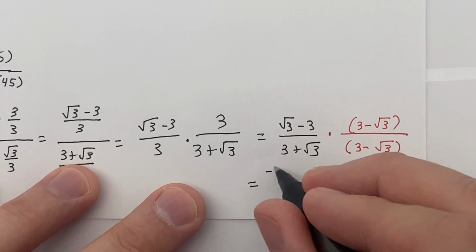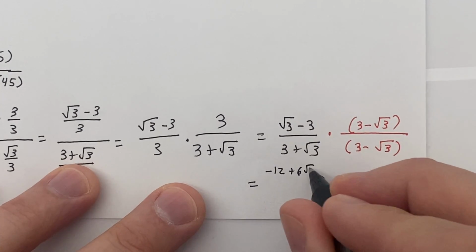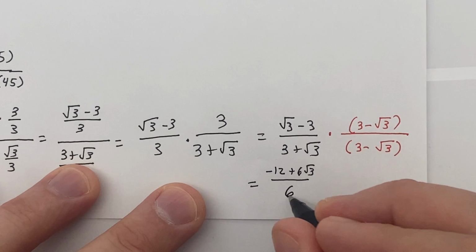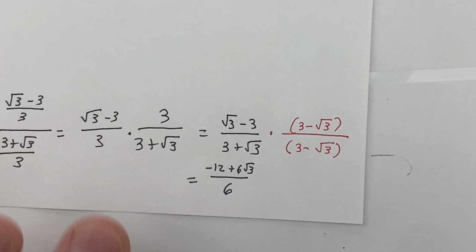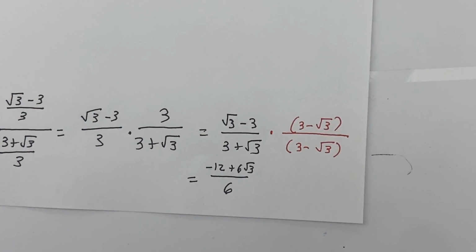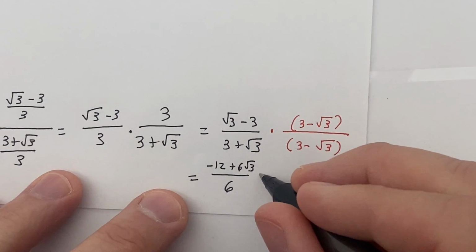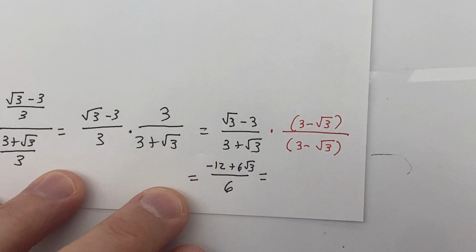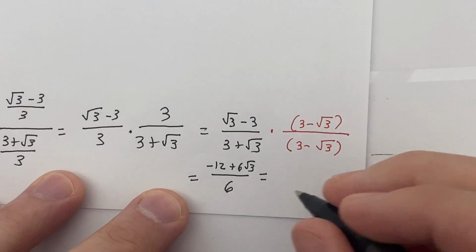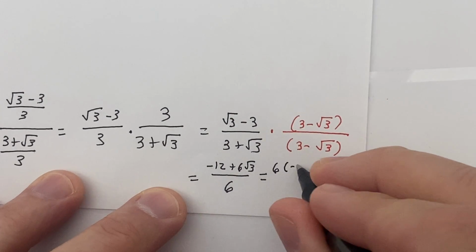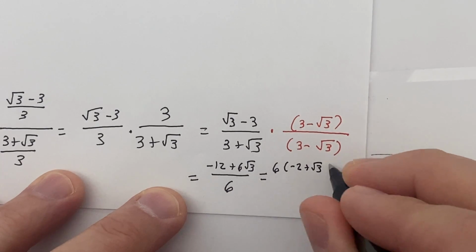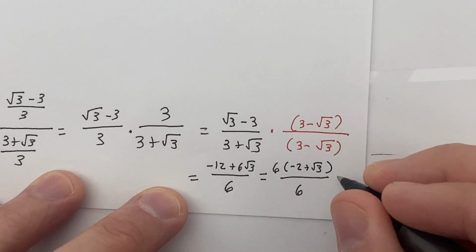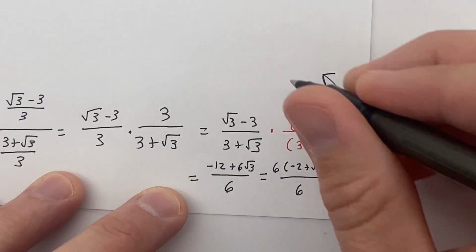This will end up being negative 12 plus 6 square roots of 3 over 6. So I kind of jumped a step there, that's all right. We do have a common factor between the 12 and the 6 square roots of 3, and that's going to be your 6. Just ran out of room.